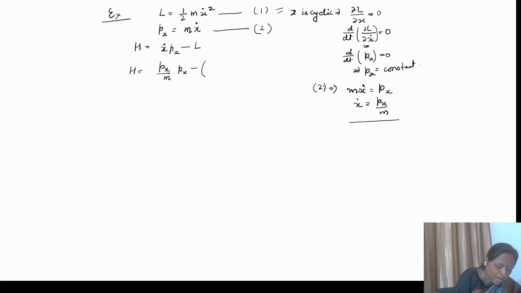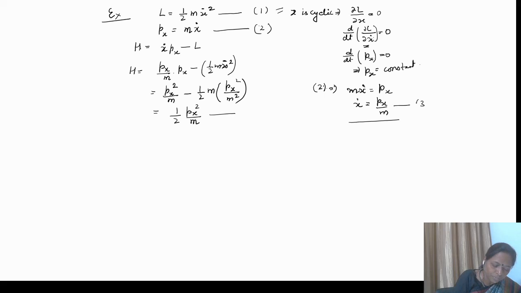What is L? L is half m x dot square, but there may not be any x dot in H, so I'll eliminate this x dot. Half m, and x dot is px square upon m square, and solving the two I get px square upon 2m. So this is my H.